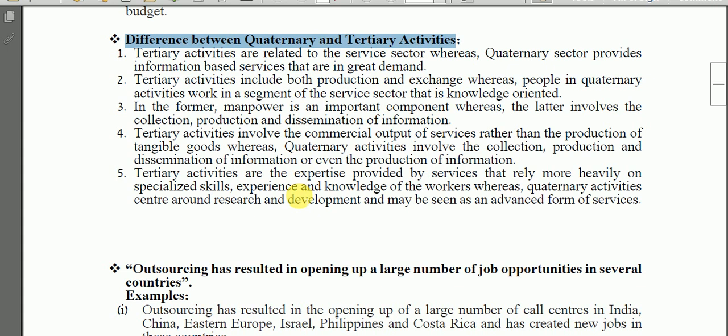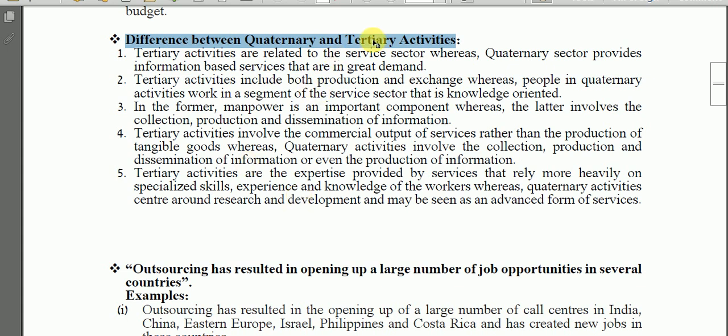And all these activities, whether tertiary, quaternary, or quinary, come under the service sector. But the level is different. From tertiary to quaternary to quinary, the highest level one is the quinary sector. But all these three economic activities come under the service sector.